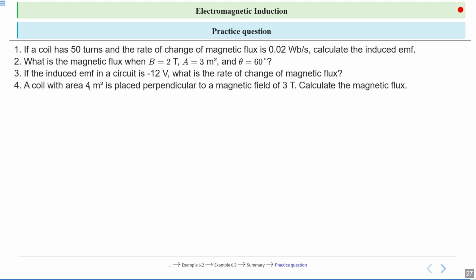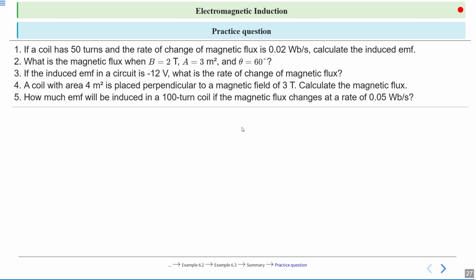Fourth question, a coil with area 4 meter square is placed perpendicular to a magnetic field of 3 Tesla. Calculate the magnetic flux. How much EMF will be induced in a 100 turn coil if the magnetic flux changes at a rate of 0.05 Weber per second?